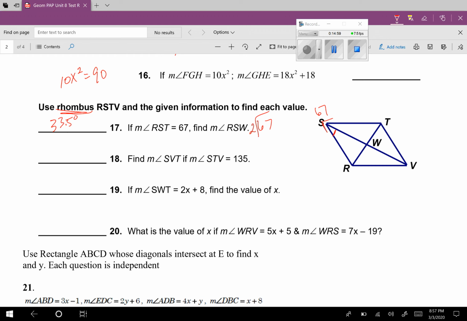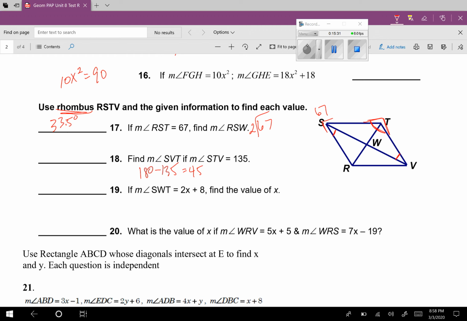33.5 degrees. Okay. Next one, SVT. SVT is this one down here. If the measure of angle STV, so the whole thing, is 135, do 180 minus 135, and so you get 45.